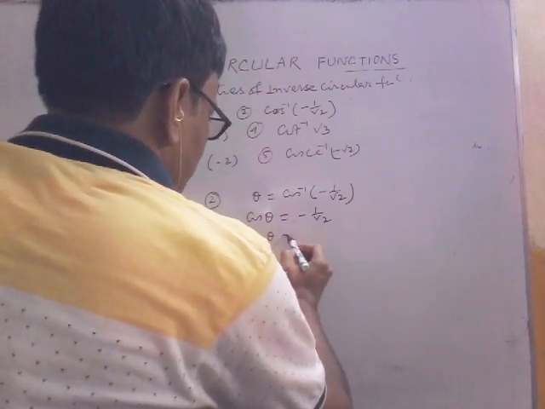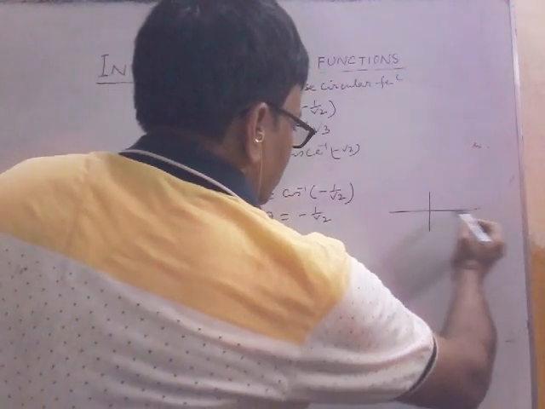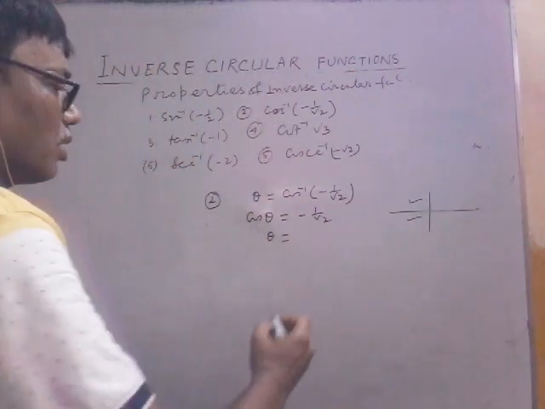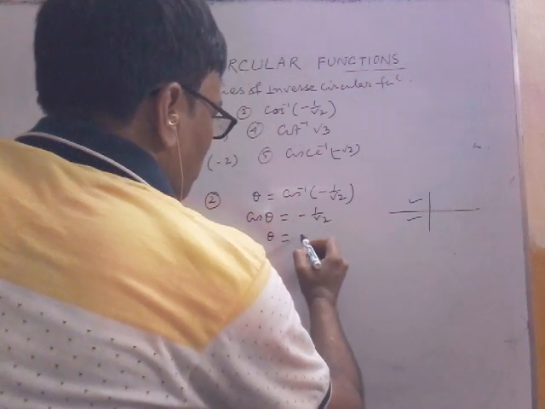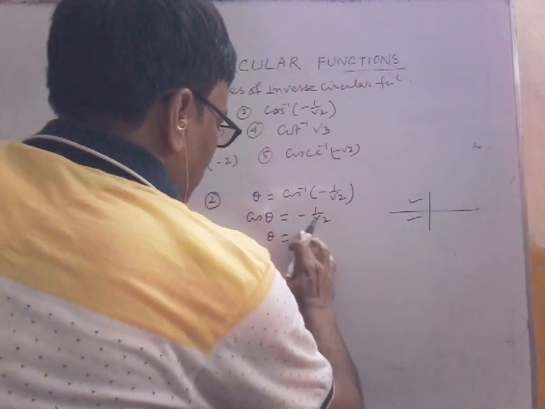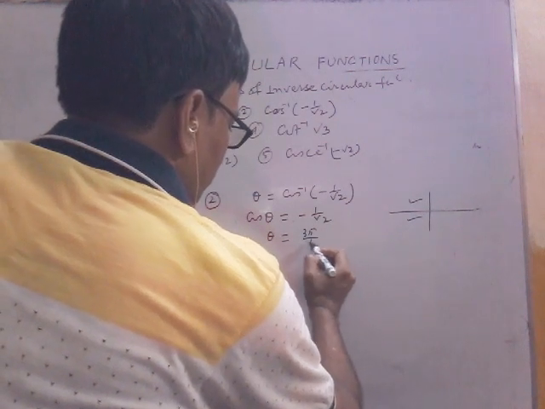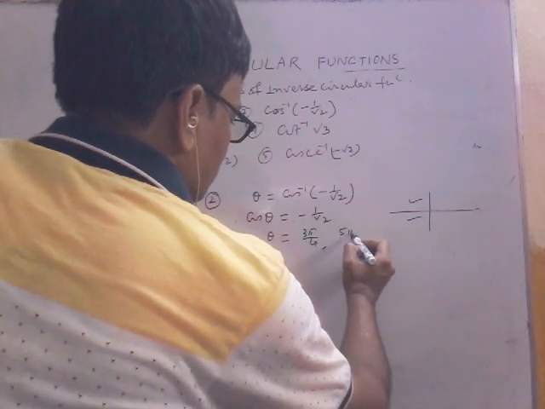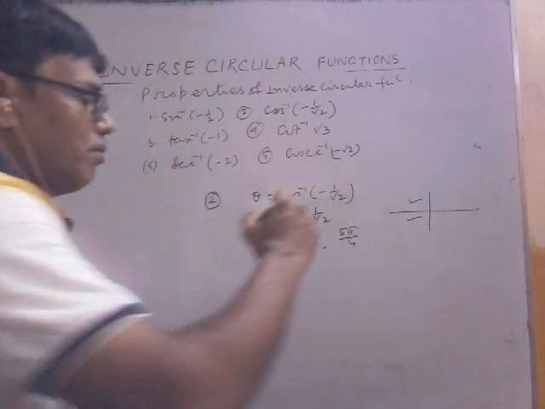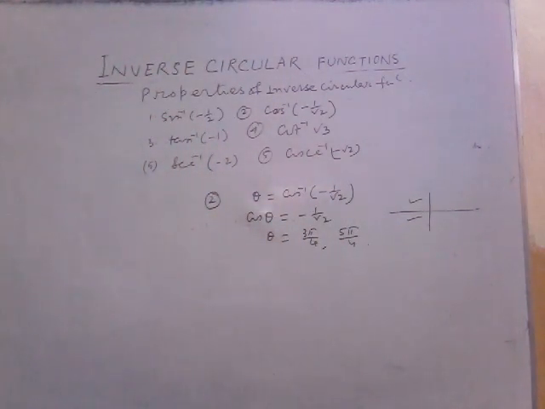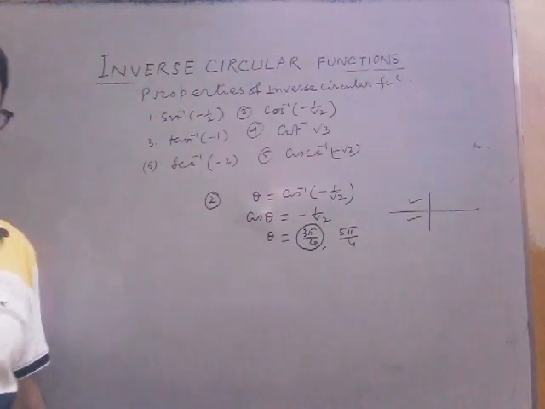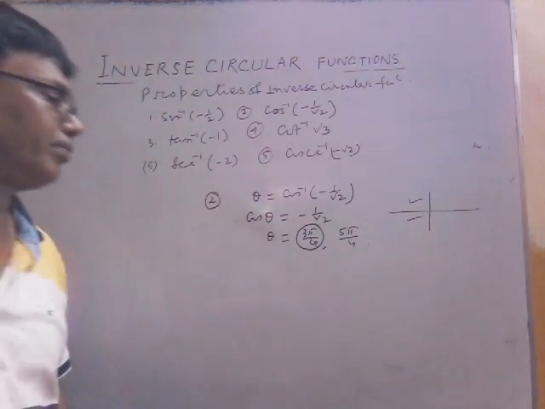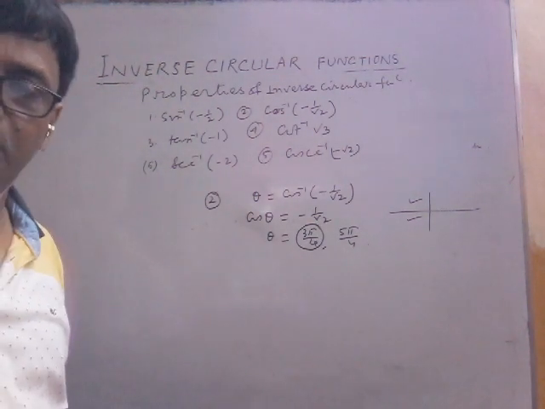So theta equals, cos is negative in the second and third quadrants, so pi minus pi by 4, which is 3 pi by 4, and pi plus pi by 4, which is 5 pi by 4. So what is the least value? Least value is this one. So what is the principal value? 3 pi by 4.